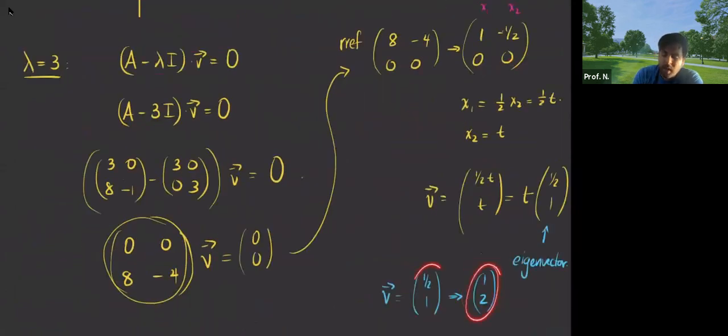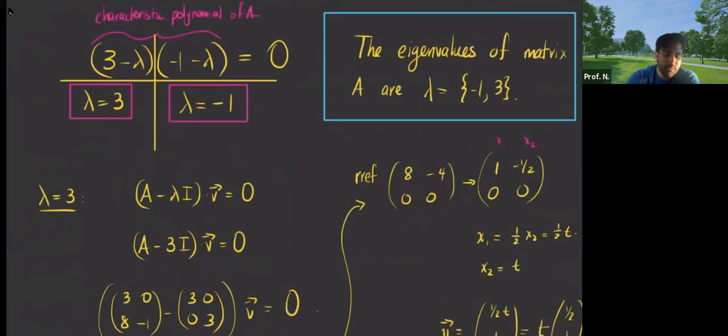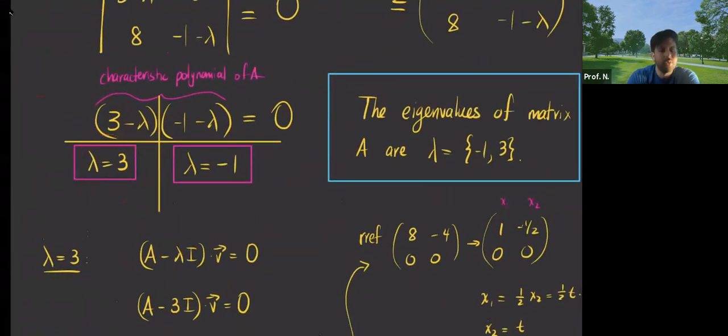And 1, 2, or 1/2, or whatever scalar multiple of this vector, is an eigenvector associated with lambda equaling 3. But of course, lambda equals 3 is not the only eigenvalue. There's also a -1. So guess what we're going to do?